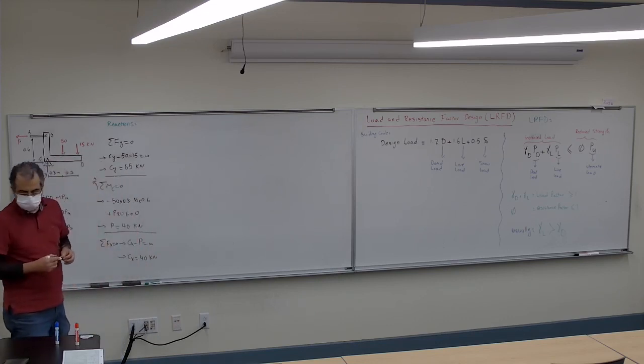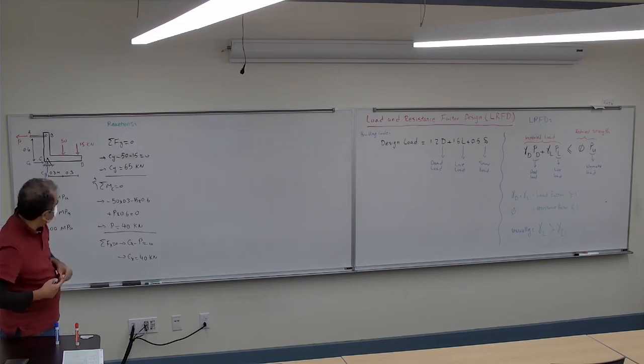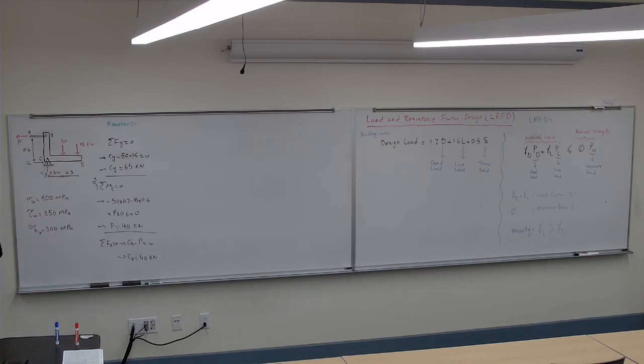Right? So P is 40, C is 40, C was 65. Agree to here?